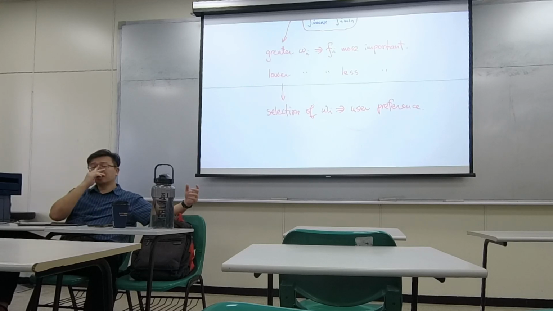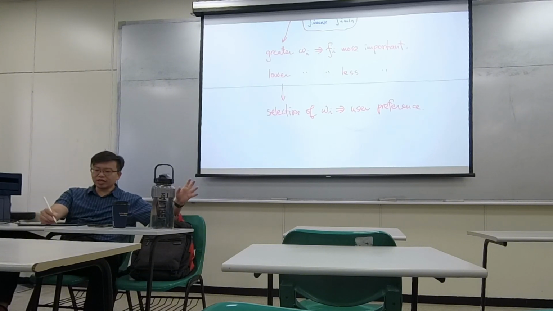And in this field, sometimes people try to sample different combinations of the weights and try to show people how the objective function value changes with different selections of weights. And if you do that, you may see one interesting behavior like the following.